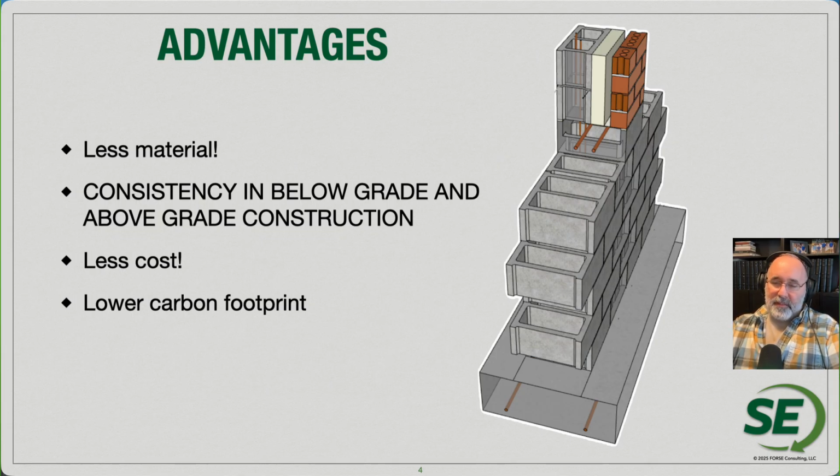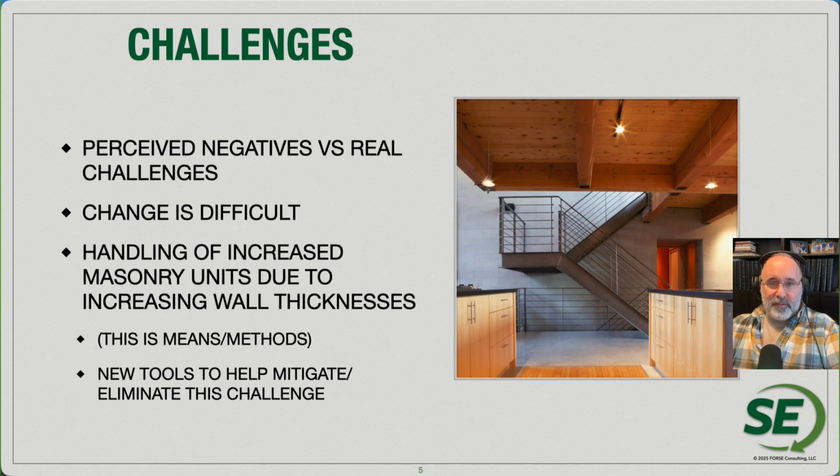But let's go ahead and get into it a little bit. There are some challenges. There are some perceived negatives versus some real challenges. And I do know that change is difficult. We're really handling an increased amount of masonry units due to the increase of wall thickness. When we get below grade, especially if we have a cavity wall with multiple layers of construction, going from above grade to below grade we have an increased thickness.